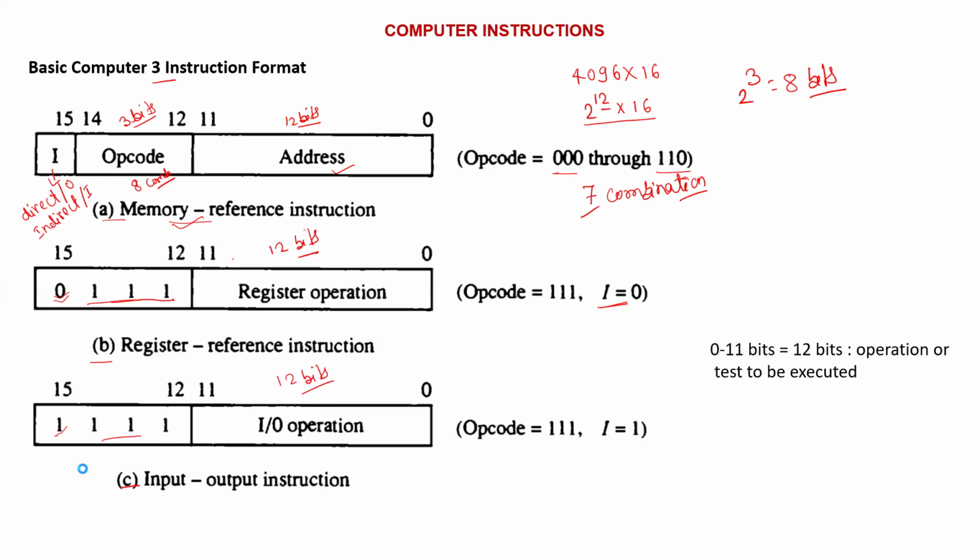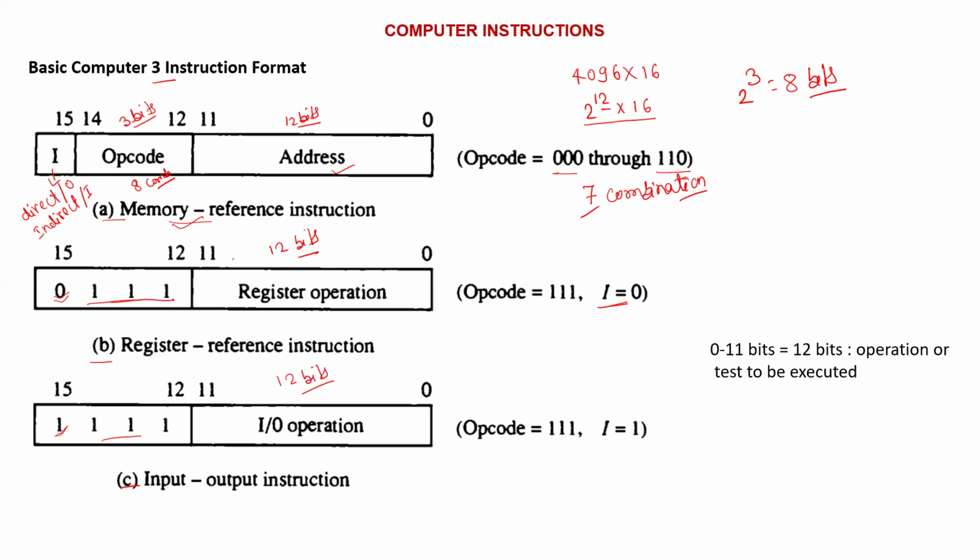So when the 15th bit is 1, it shows that it is the input output instruction, if the opcode is 111. In case of memory reference, the opcode will be 000 to 110, whereas in case of register and input output instruction, the opcode is 111. If the 15th bit is 0, it is the register reference. If the 15th bit is 1, then it is the input output instruction.